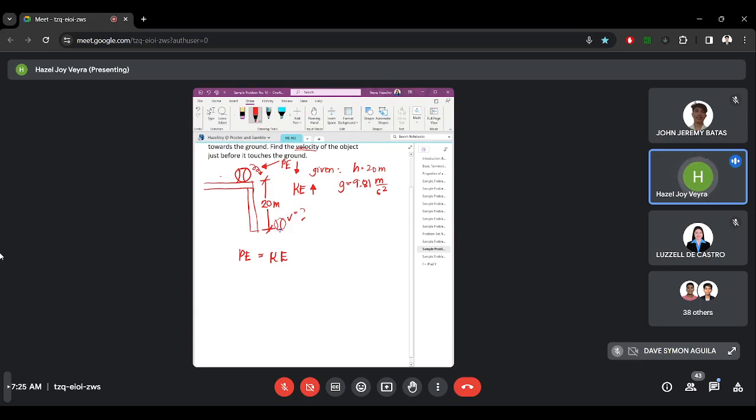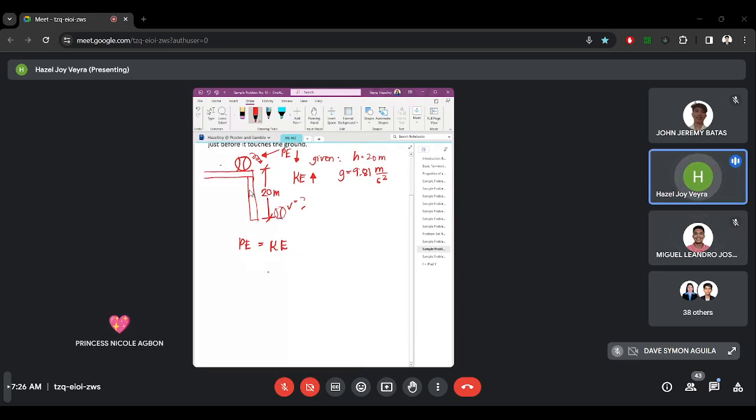So the moment that the ball is already at its lowest elevation but not touching the ground, that's the assumption where the potential energy that the ball is containing here is almost equal to the kinetic energy that the ball has before it touches the ground. Are we clear on that? Yes po, ma'am. Okay.